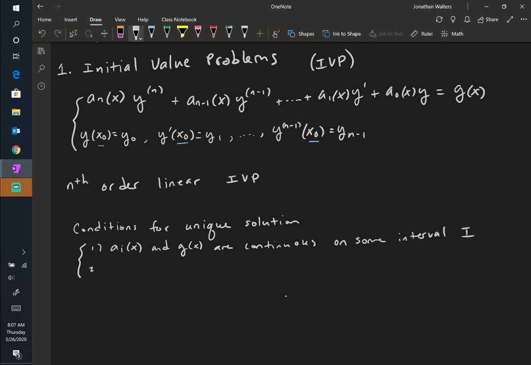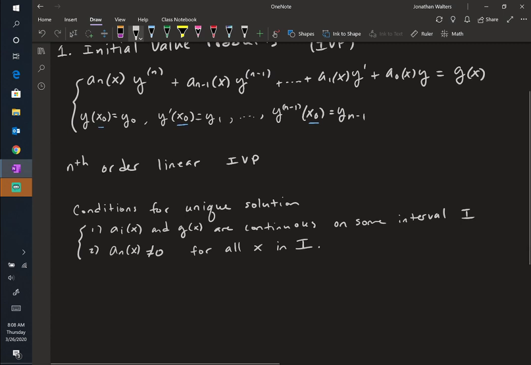The second thing is we need a n of x to not be equal to 0 for all x in the interval I. The leading coefficient basically needs to be non-zero for all x in I. Now, if our initial x0 is in capital I, then y of x, the solution, is unique.